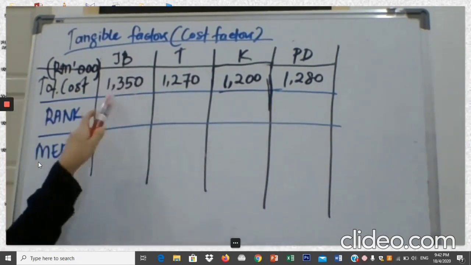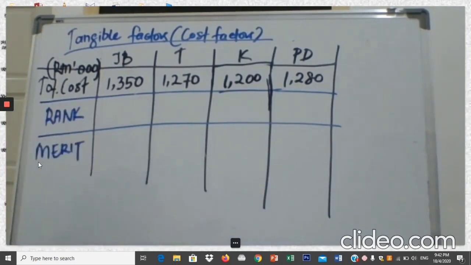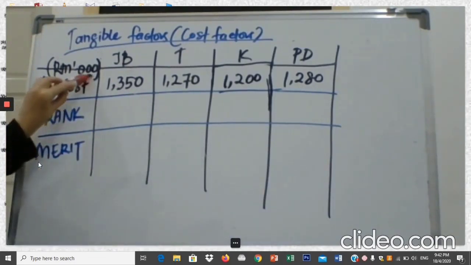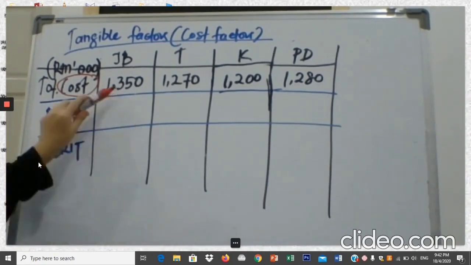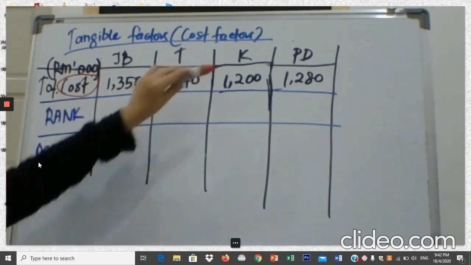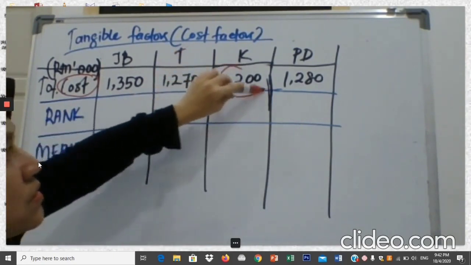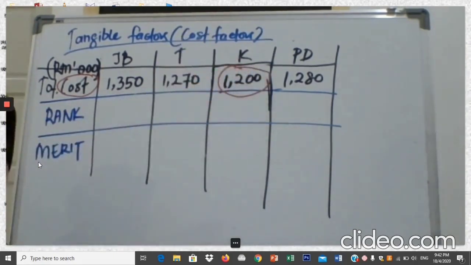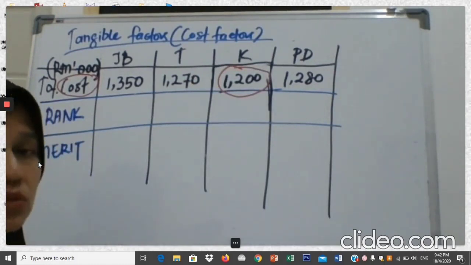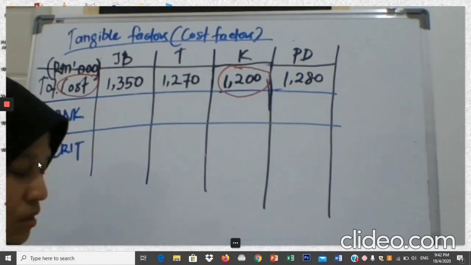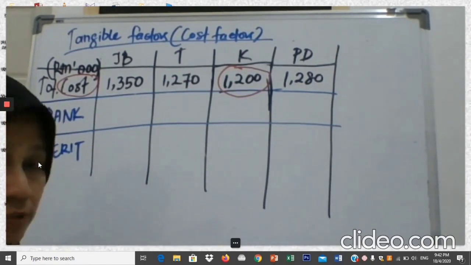Before you start deciding the highest one is the best, just look at this. We are now using cost as our basis, the tangible factor. With regards to cost, the highest is not the best. The lowest is the best. So Klang has the lowest total cost, so it is the best.